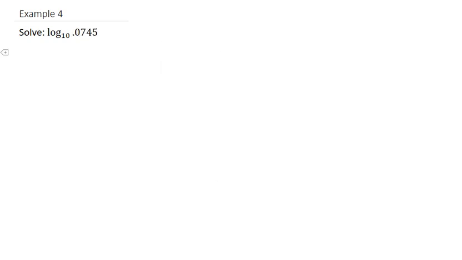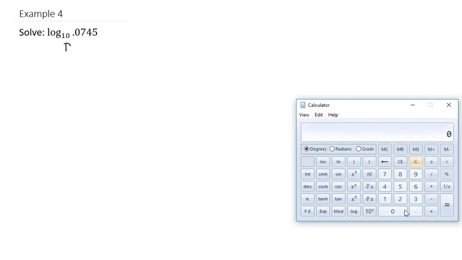Example 4, solve for the following. We have log of, instead of saying 10 all the time, we'll just go log of 0.0745. So let's go ahead and type that in. And we log it, and we get negative 1.13.